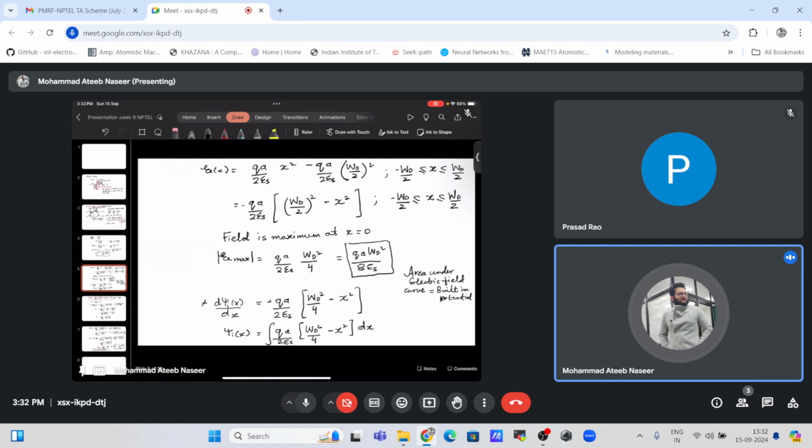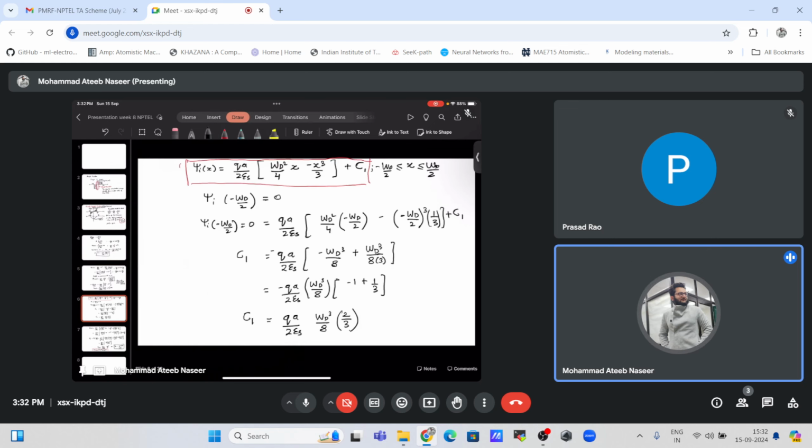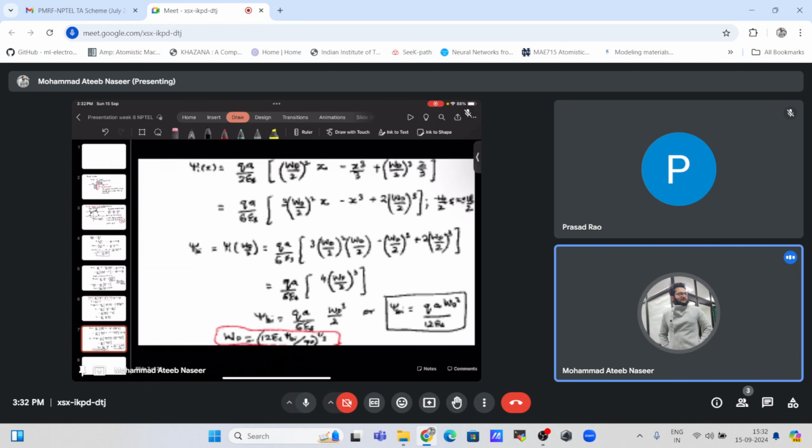Then we solved the Poisson equation for the potential, and we got the potential as a cubic function of the position. From that we solved for the built-in potential by taking the p side potential as the reference, and the built-in potential came out to be a cubic function of the depletion width.